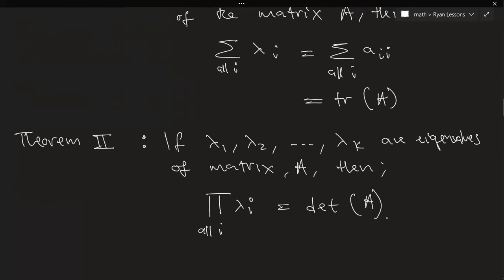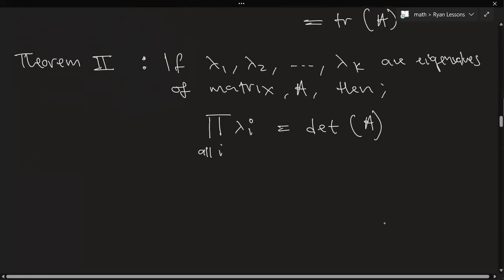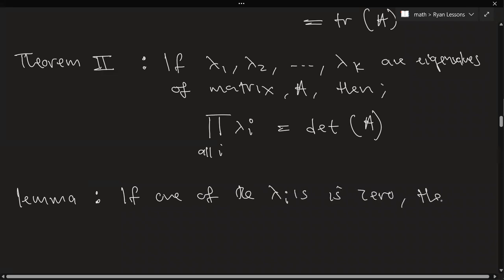Something immediately follows from this. What is it that can follow from this? If one of the lambda i's is 0, then what? All would be 0. Singular.